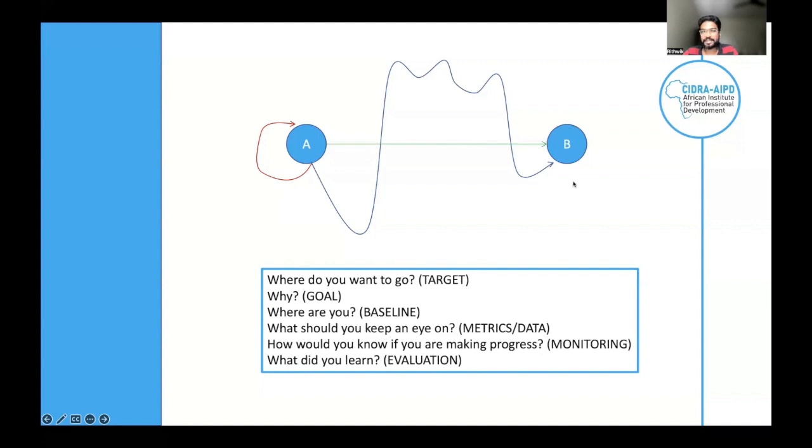Was there anything that you could have done differently? What went well? What didn't? That's the evaluation thing. And this helps you to do your future journeys in a better way. So that's our metaphor. You can keep it in your mind and relate back to this whenever you want to.